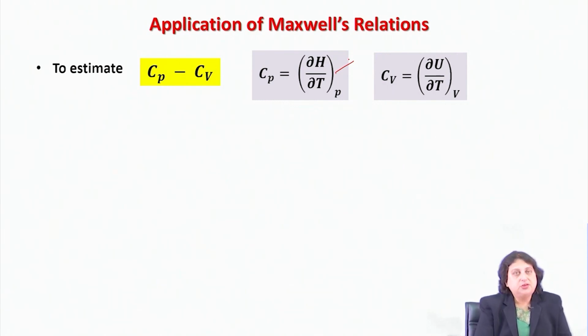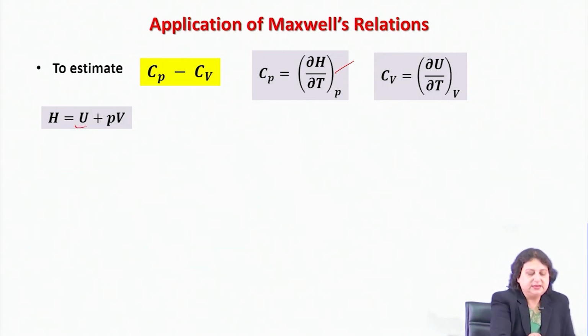Now let me try and derive an expression of Cp minus Cv, not just for an ideal gas, but for any system in general. So for this purpose, I will start from the definition of enthalpy. So let me remind you, what is the definition of enthalpy?